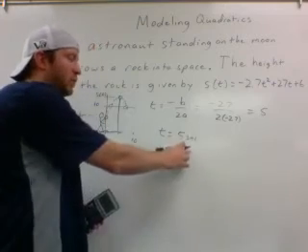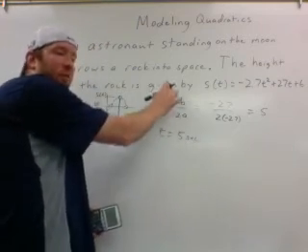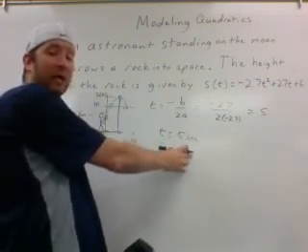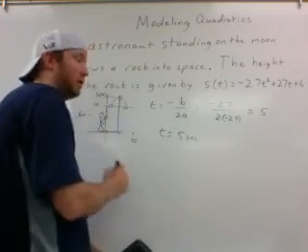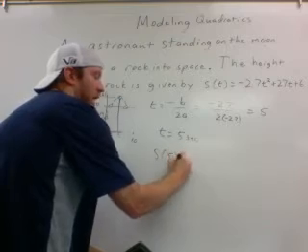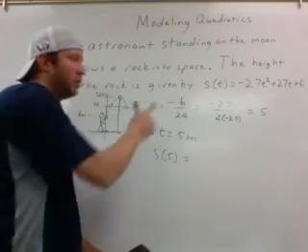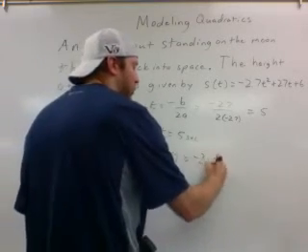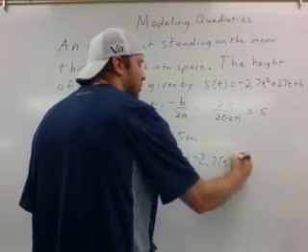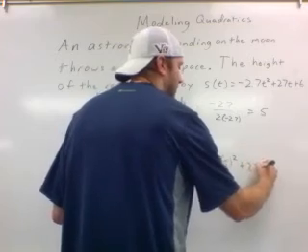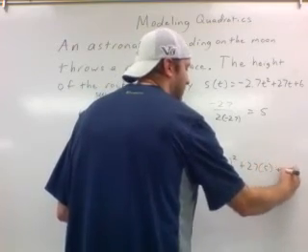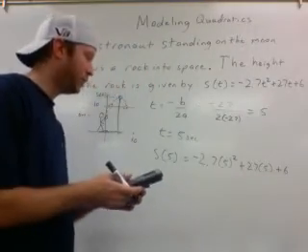Okay, so what I first did was use the vertex idea, opposite of b over 2a, to find the x coordinate. Now I have to find the position or the height of the object. So basically all I want to find is s of 5. So s of 5 is equal to negative 2.7 times 5 squared plus 27 times 5 plus 6. This is just using function notation. Again, use your calculator.